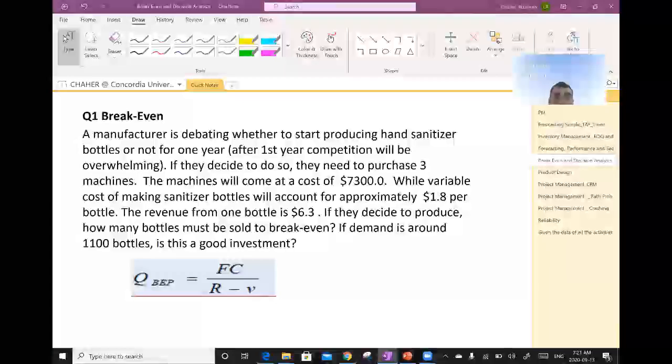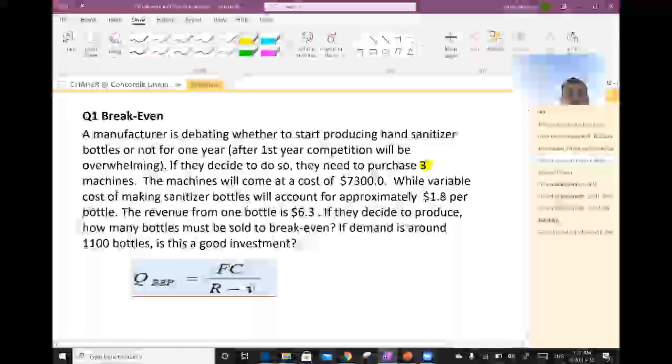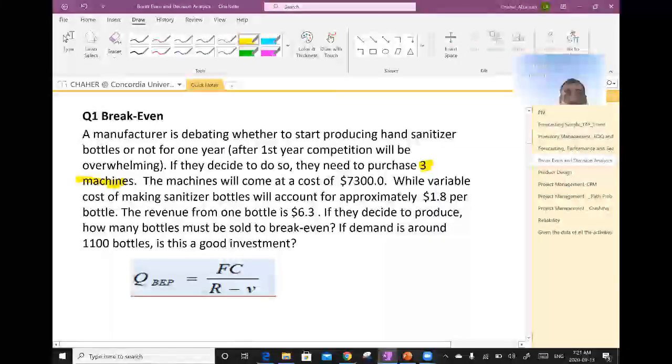So we have a manufacturer here debating whether to start producing hand sanitizer bottles or not for 1 year. If they decide to, then they need to purchase 3 machines. So already we're seeing that there is going to be some form of fixed cost. The machines will come at $7,300.